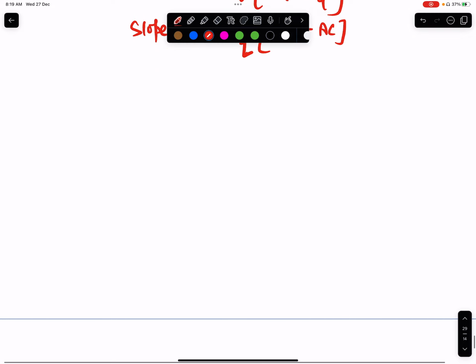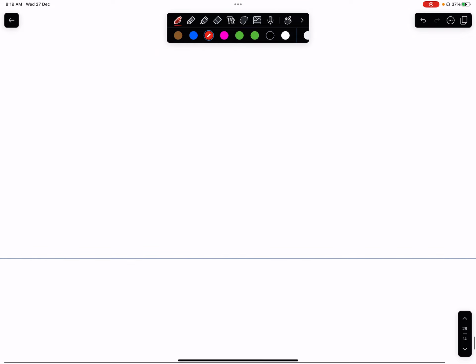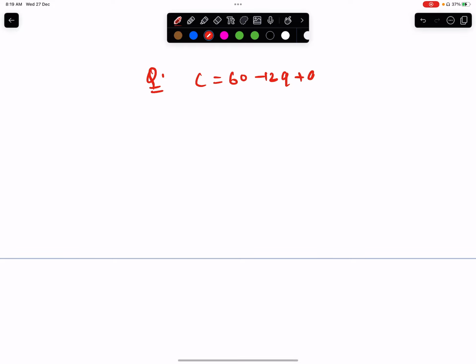Suppose we have an equation like 60 minus 12q plus 2q square.